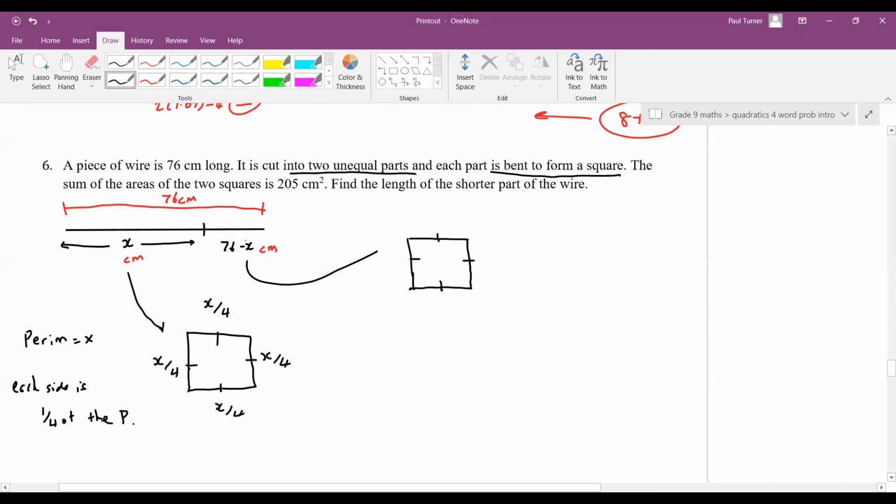So this perimeter is 76 minus X. So that must also be divided by 4 for each length of the side. And again, around here as well. So those are your 2 squares. So you've got this blue one here, which is formed from this piece of wire here, being the perimeter.